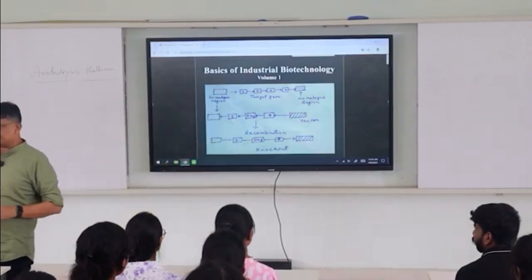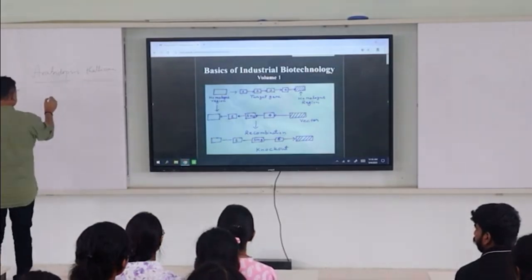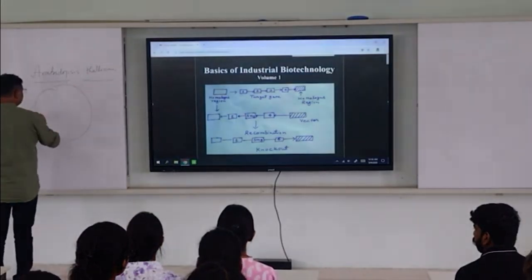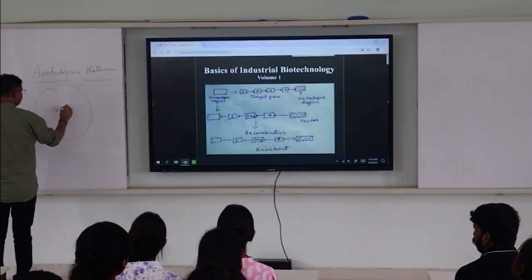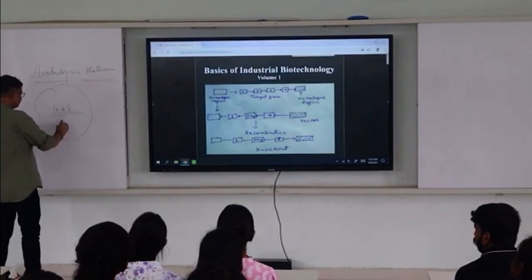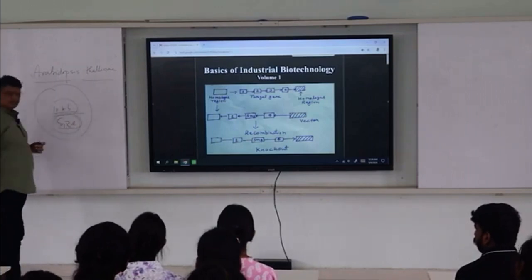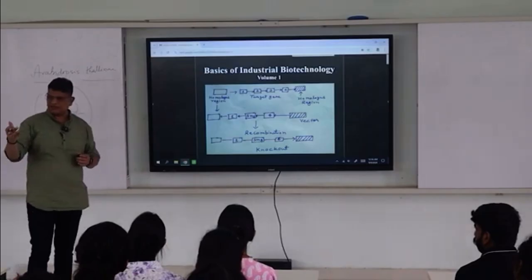For example, I have taken Arabidopsis thaliana, and for example, it has a 10 kb base pair genome size. I'm not taking the proper size of Arabidopsis thaliana, I'm just exemplifying.